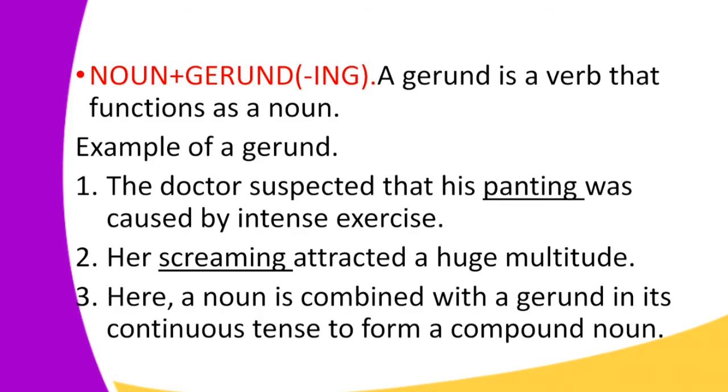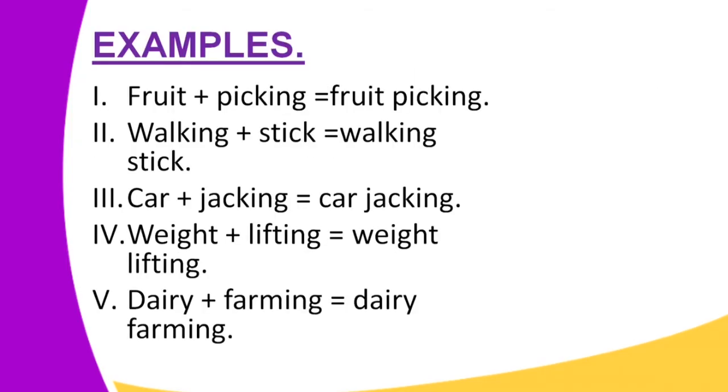Let's look at examples of gerunds. Example number 1. We have a noun and a gerund being combined to form the compound noun. We have fruit, a noun, and picking, a gerund, combined to form the compound noun fruit picking. Number 2, we have walking stick, formed from the gerund walking and stick, which is a noun.